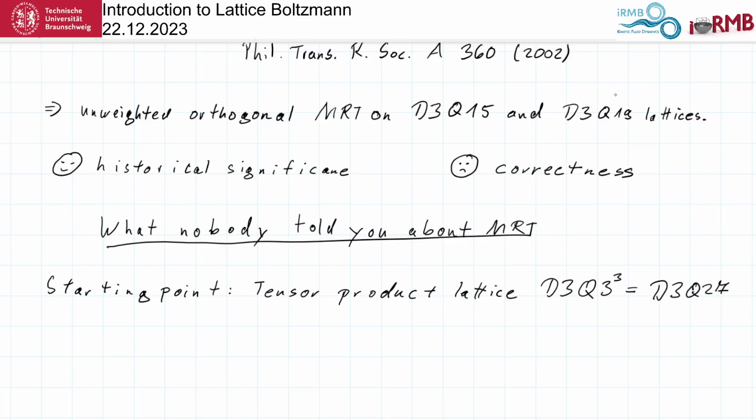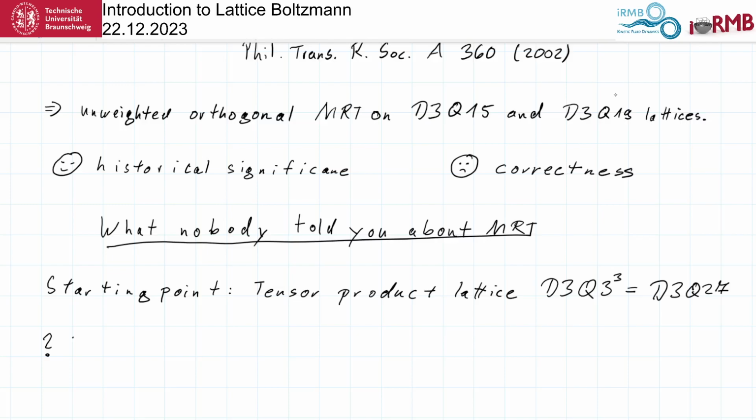So, okay, what do we want to do? We started with the single relaxation time BGK method, that has only one relaxation time. And now we discovered that to derive the Navier-Stokes equation, only some moments need to be relaxed with a certain rate and other moments may have different rates.